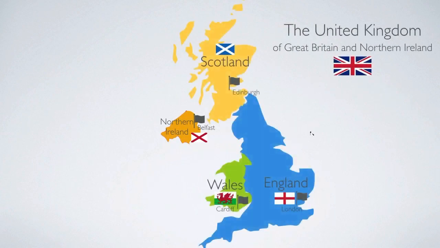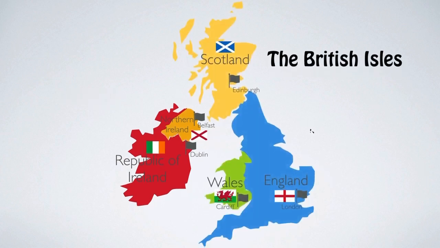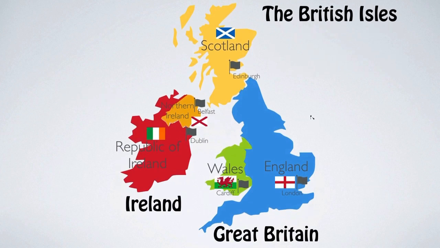These 4 regions together are the United Kingdom of Great Britain and Northern Ireland. This country is called the Republic of Ireland. Both Northern Ireland and the Republic of Ireland are on the island called Ireland. These 2 islands, Ireland and Great Britain, form the British Isles.